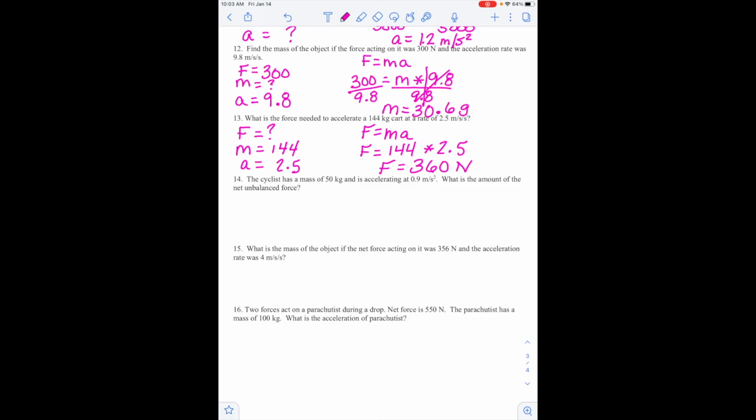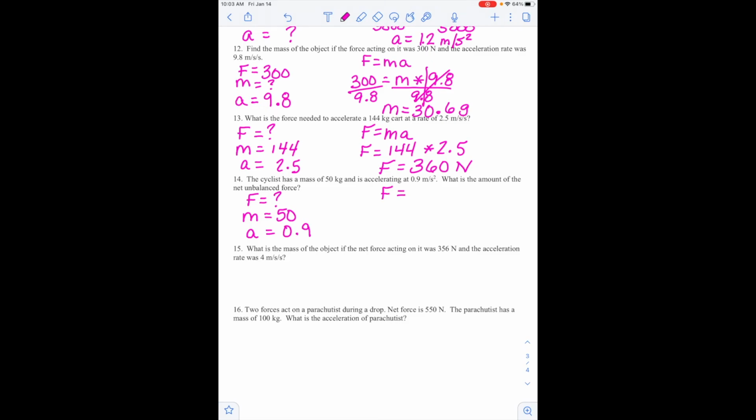Number 14. The cyclist has a mass of 50 kilograms, is accelerating at 0.9 meters per second squared. What is the amount of net unbalanced force? So we are looking for the force again this time. We have our mass, which is 50 kilograms, and our acceleration, which is 0.9 meters per second squared.